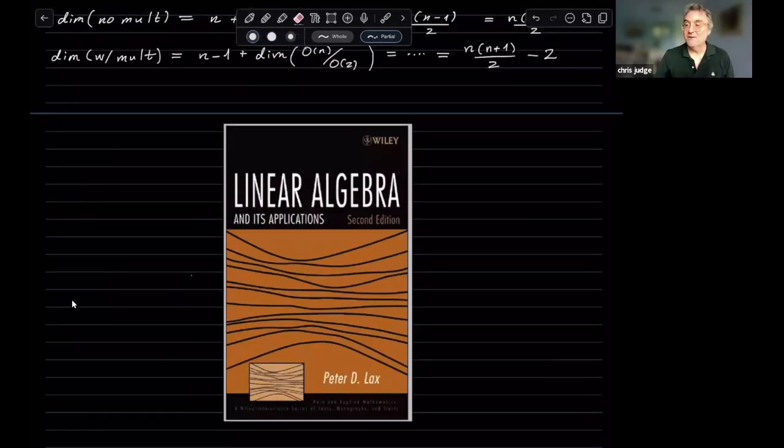If you know this book, this is Peter Lax's linear algebra book, wonderful book. And in fact, this whole thing is described. He gives a much more concrete and probably better for students proof of what I just gave in this book. And in the front of the book, these are the crossing avoidance.